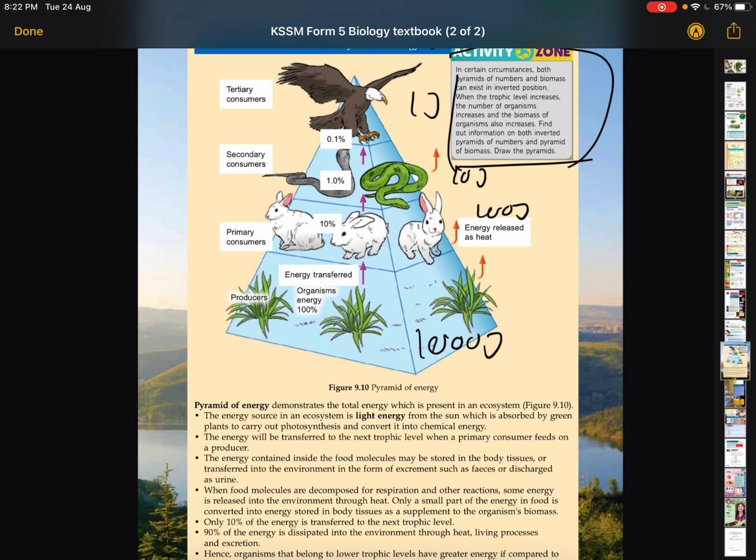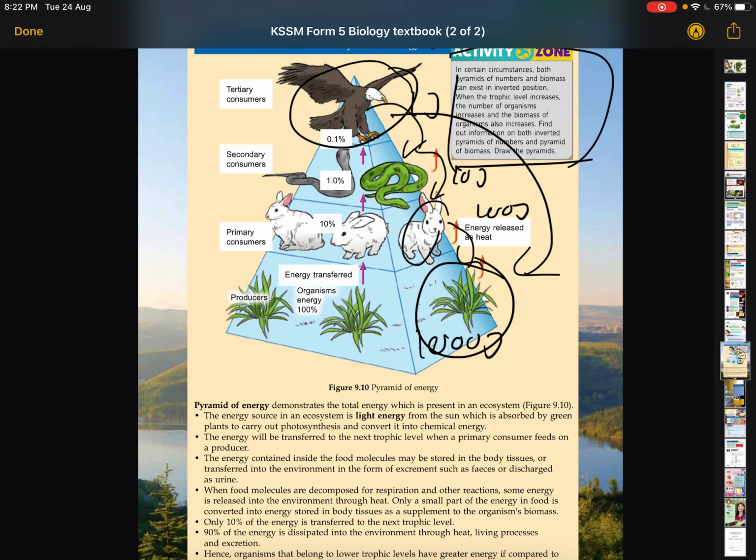And then the eagle only obtains 1 joule. So if this plant has 1,000 joule, and then the rabbit eats the plant, and the snake eats the rabbit, and the eagle eats the snake, the eagle will only receive 1 joule from this plant. So that's basically what the law says.